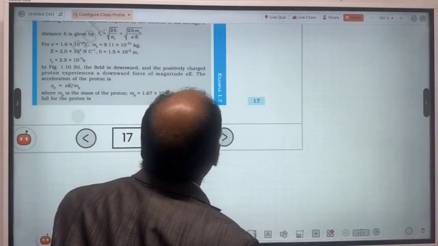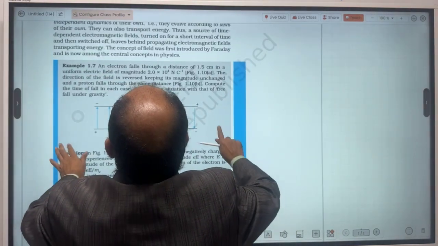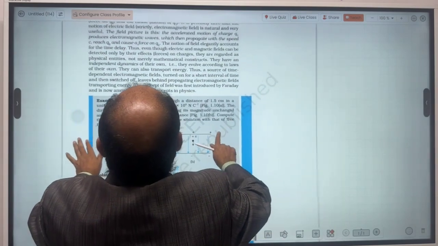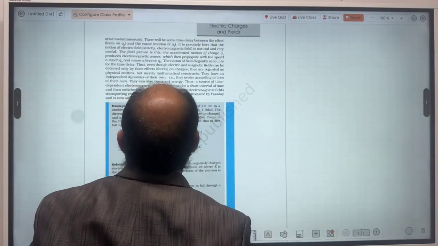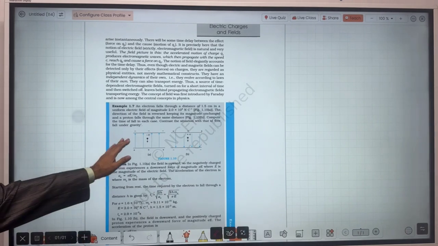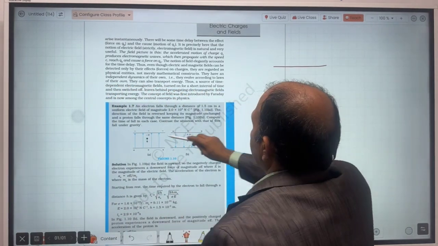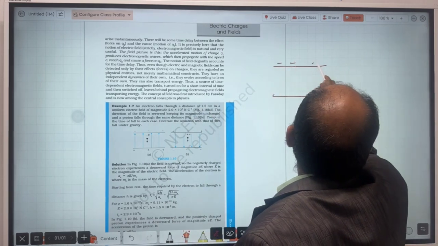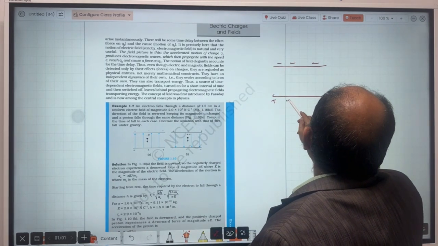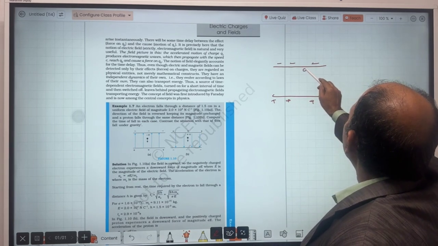Now, we are going to see one numerical based on it. Here, the plates are shown. One is a negative plate, here minus charge, here plus charge, and here there is one electron.